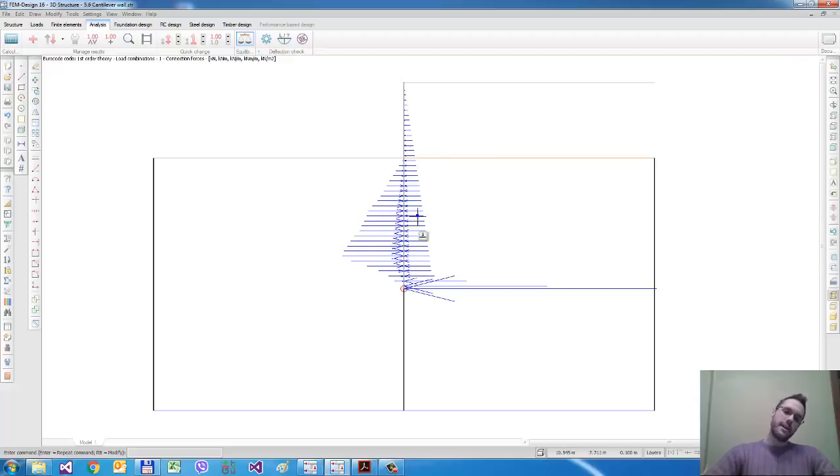So you can see here a very strange distribution of the connection forces, but this is the real solution because we have some higher earth pressure on this wall, because the rotational point, according to the equilibrium state, is a bit above the bottom part of the wall, so it will be somewhere here.